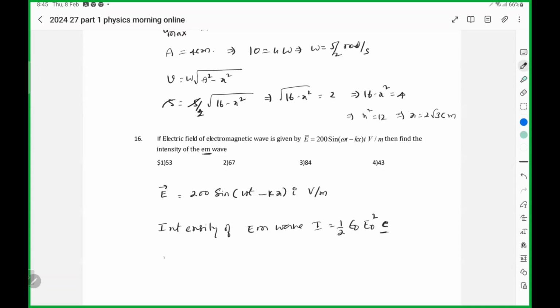Don't write c as the velocity of light directly as 3 into 10 power 8. Sometimes it may be correct, but we don't know the medium. So you had better write v equal to omega by k.